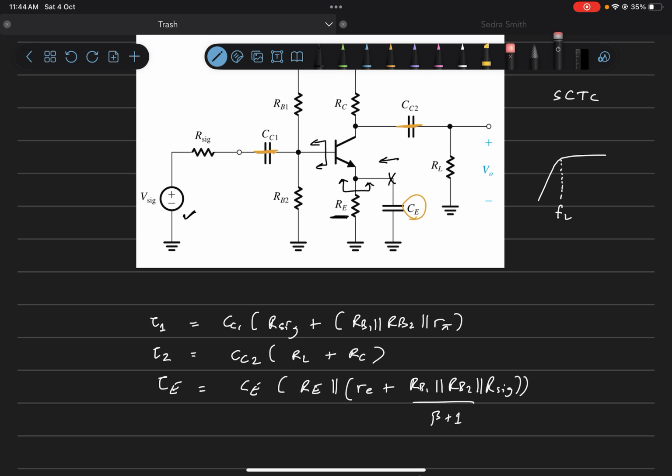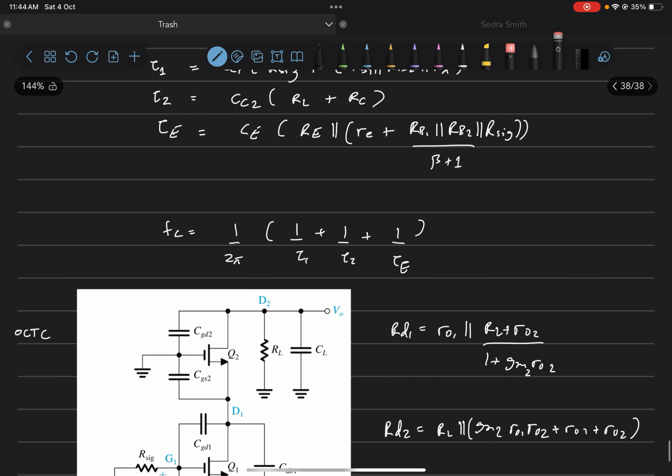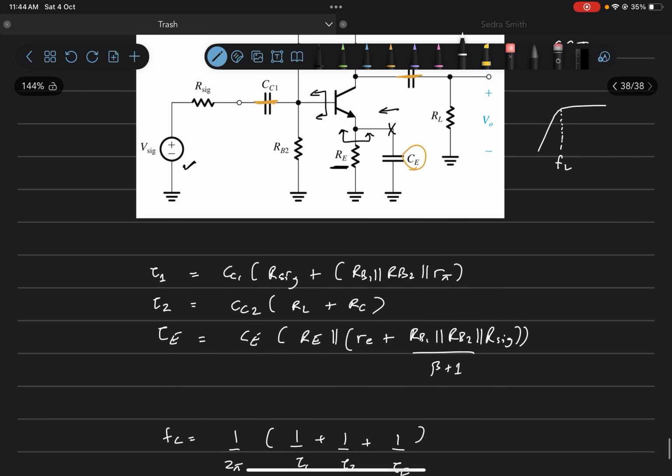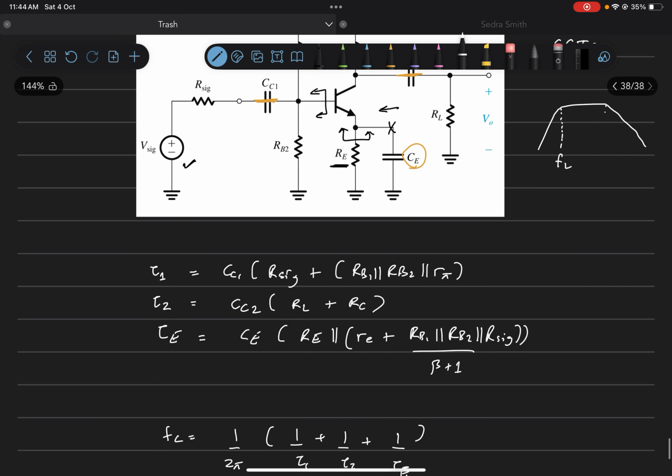Now we will contrast it with another similar method which is called OCTC. OCTC is a method used to calculate the FH of an amplifier, because an amplifier will not have this flat band till infinite frequencies.